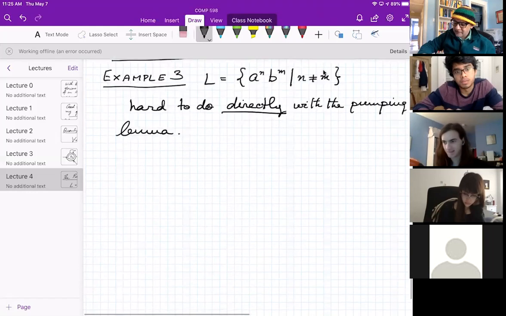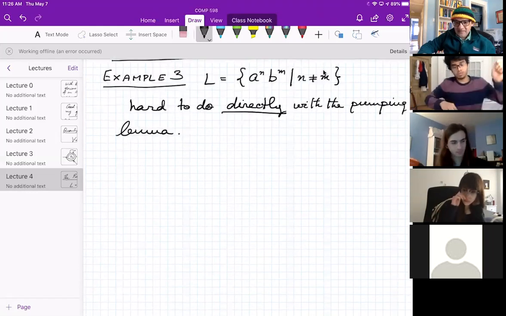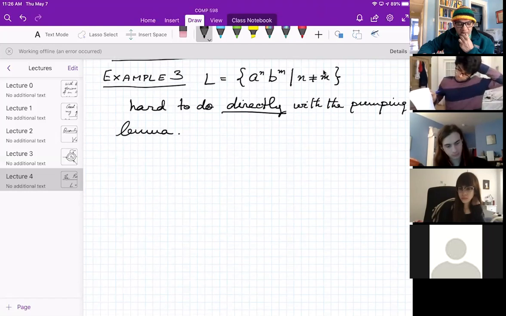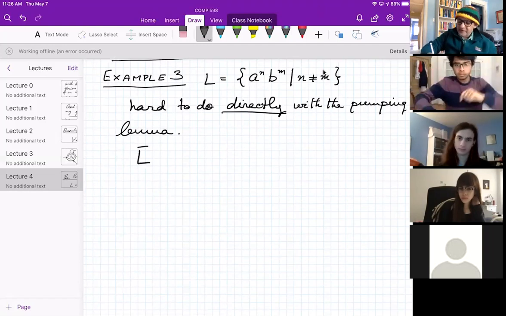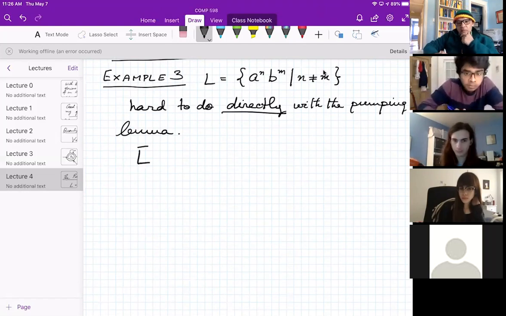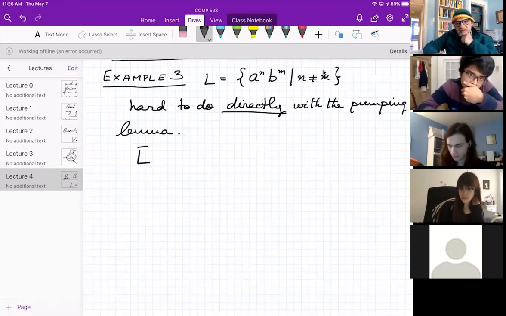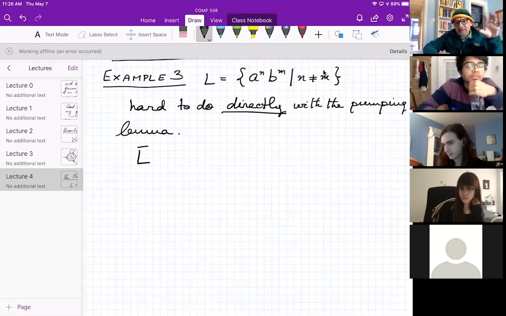So hard to do this directly with the pumping lemma. What can we do instead? So we can look at L complement. So here is where you use what we discussed about closure properties of regular languages. If L is regular, then L star is regular. If L1 and L2 are regular, then L1 concatenated with L2 is regular.